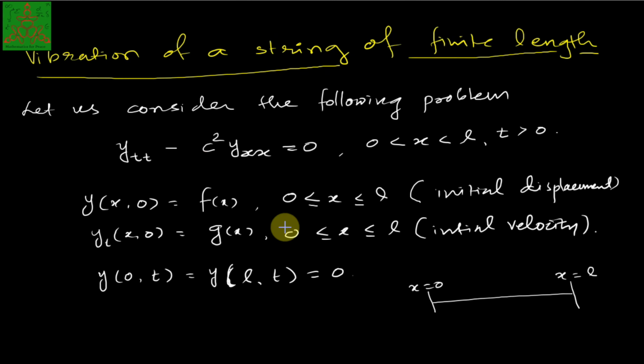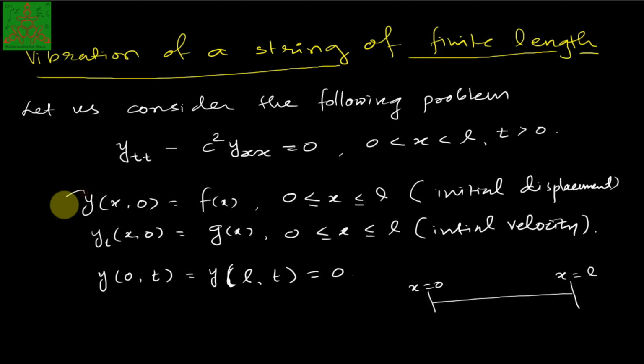We have the initial conditions: the initial displacement we take as f of x, that means at time t equal to 0 the displacement is f of x, and at time t equal to 0 the velocity is g of x.